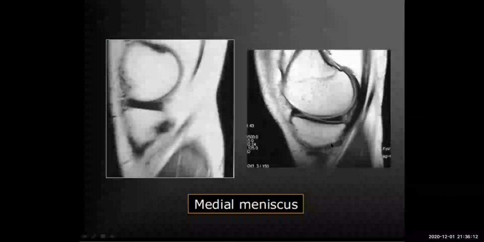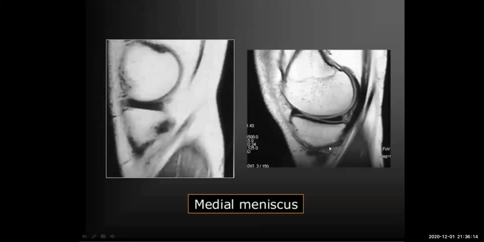This is to apply what we have said about the medial meniscus. Why do we know this is the medial compartment? Because definitely there is no fibula here, and the tibia looks like an ice cream cone. The posterior horn of the medial meniscus is bigger than the anterior horn compared with the lateral, as you will see.